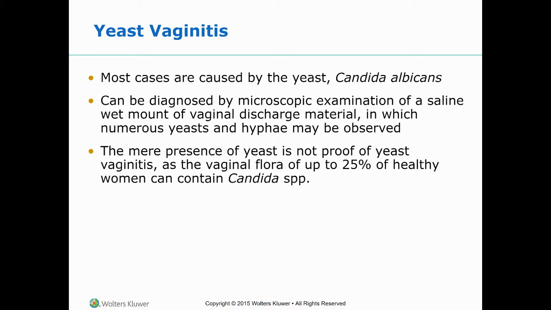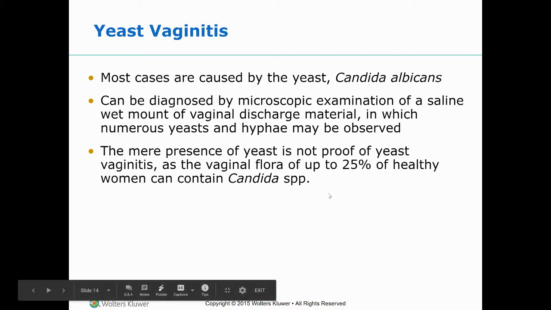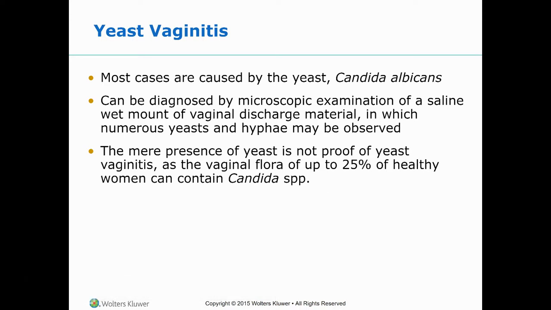The idea here is that you have to have an extreme amount of yeast in order to have what we call yeast vaginitis or a yeast infection, because most of the time about 25% of healthy women do contain some type of Candida albicans within the vaginal area and the vaginal normal flora.